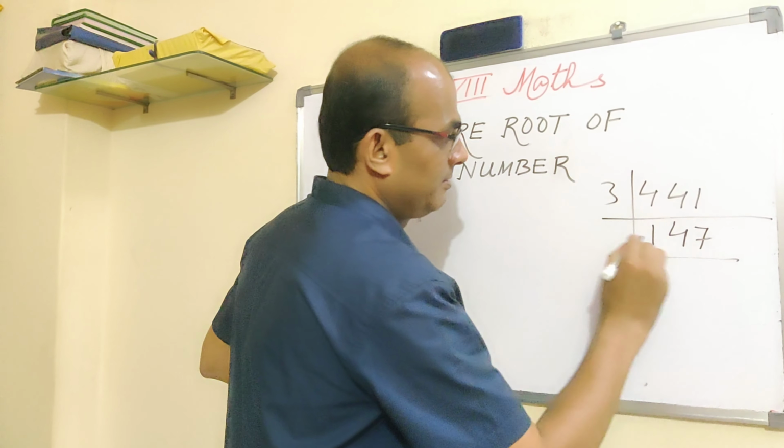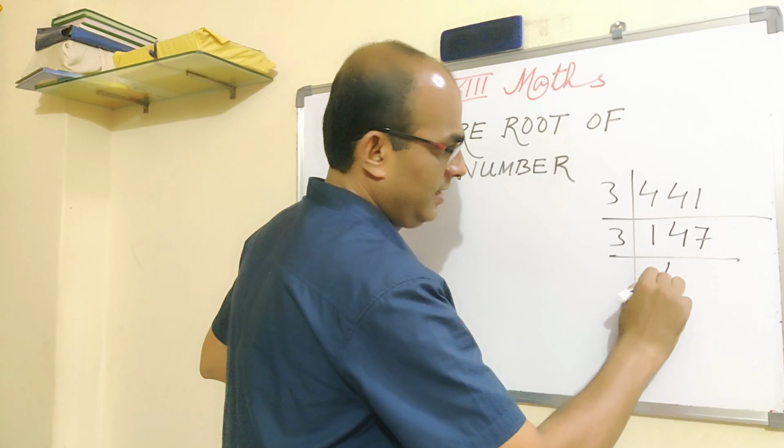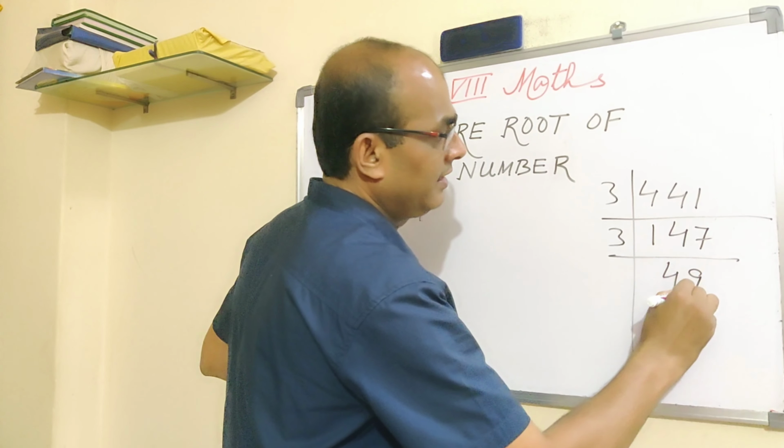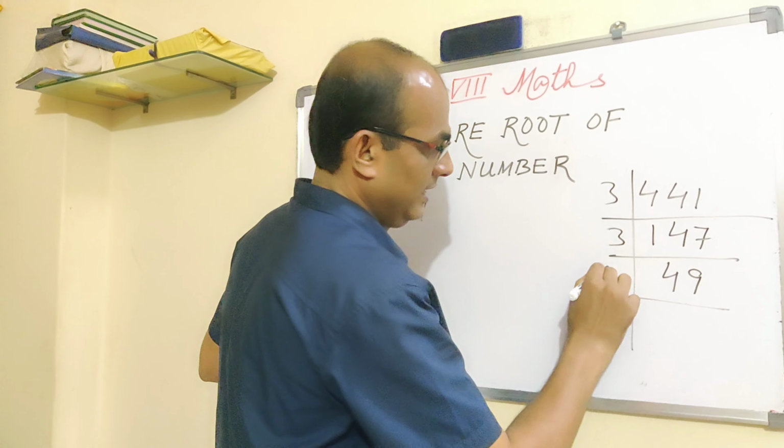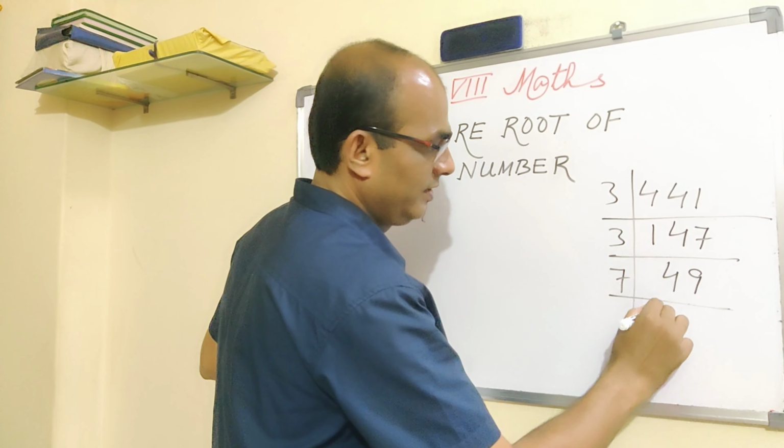Then again 3, 3 4s are 12 and 3 9s are 27. And then of course 7 7s are 49, and you need not write 7 1s are 7. So you can write down, therefore, 441 is equal to 3 into 3 into 7 into 7.